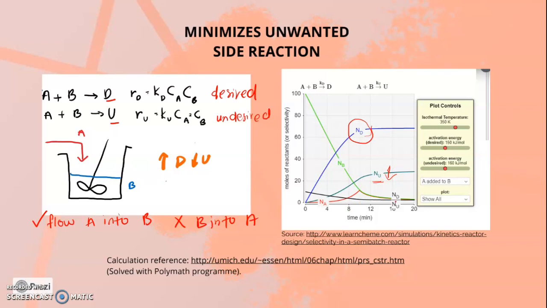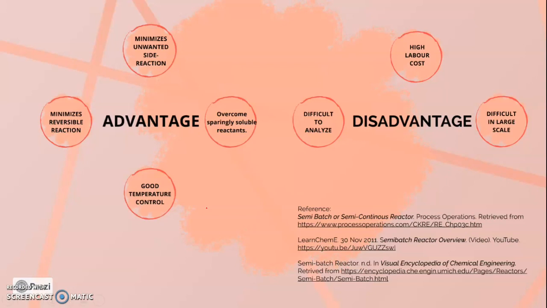I just used a graph generator, but there are calculations that will be involved, integration, and so on and so forth, which you can refer to this link. But you can see the idea of why semi-batch reactor is good, because you actually control how much of a certain reactant you want to flow into the reactor.